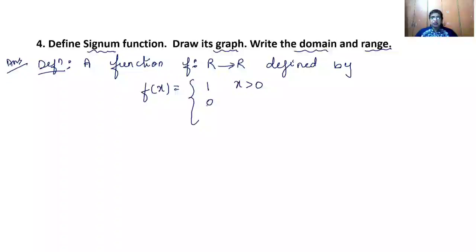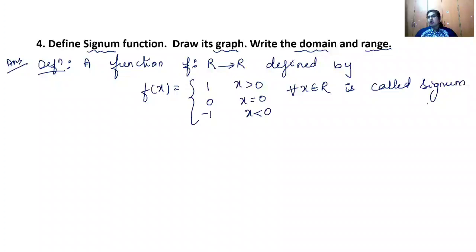It is equal to 0 when x is equal to 0, and it is equal to -1 for all the numbers less than 0, for every x belongs to R. This is called the Signum function. So whatever real number you take from the domain, your answer will lie only in 3 values. Either it is 0, or it is 1, or it is -1.